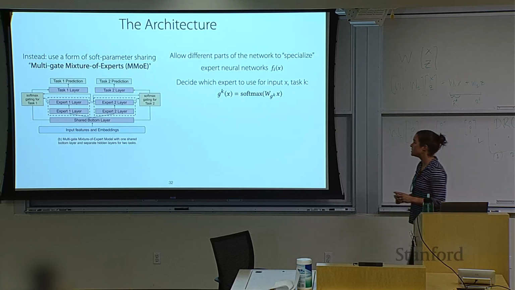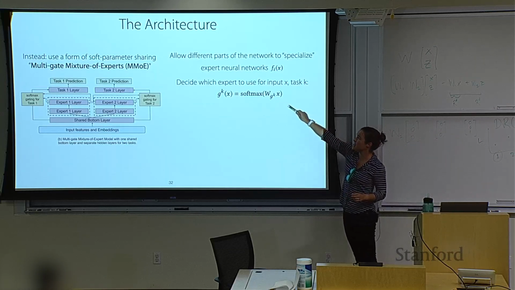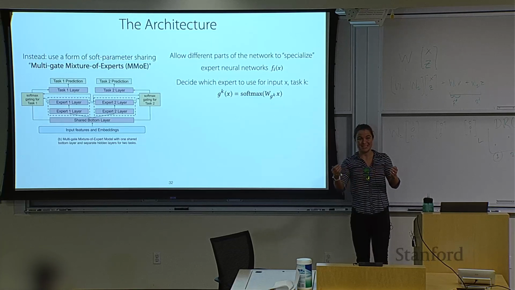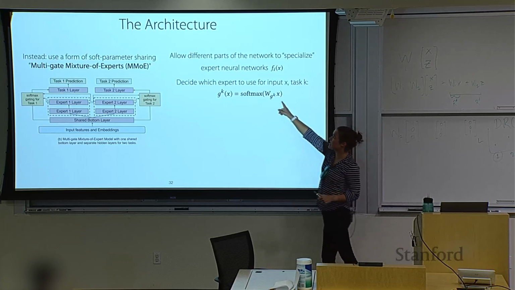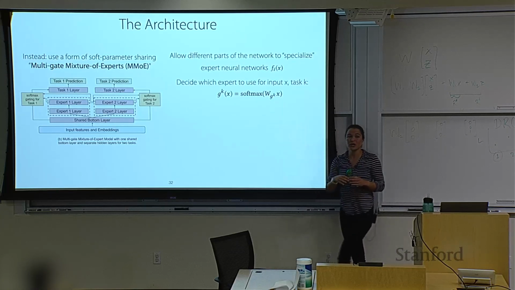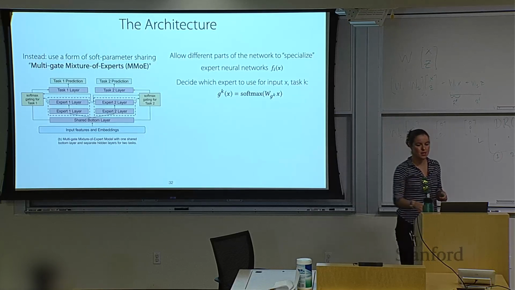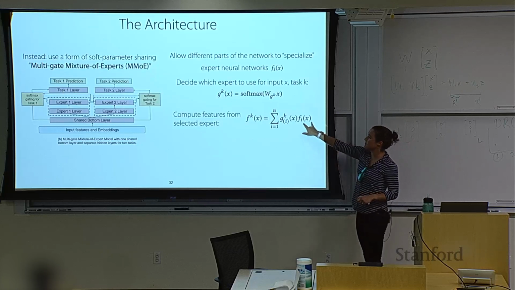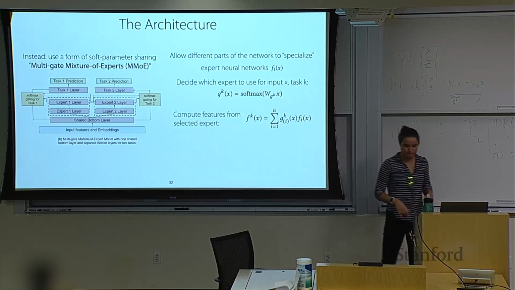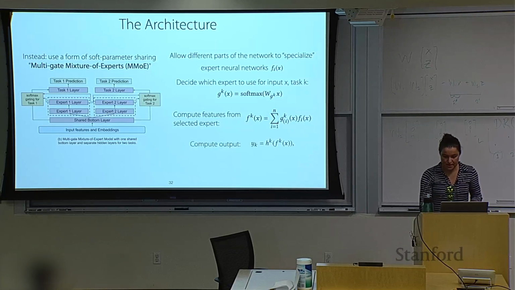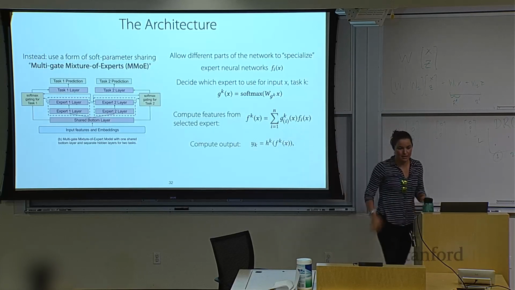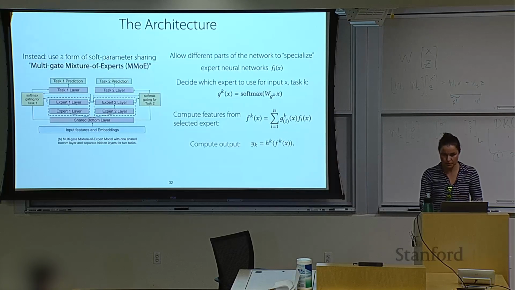We do this by passing it through a softmax function. You can think of a softmax as trying to predict a one-hot vector, but in a soft way so that we can differentiate through it. This gives us a probability distribution over the experts. Once we have it, we weight the predictions of the experts by these probabilities, and then compute the output from these weighted expert outputs.